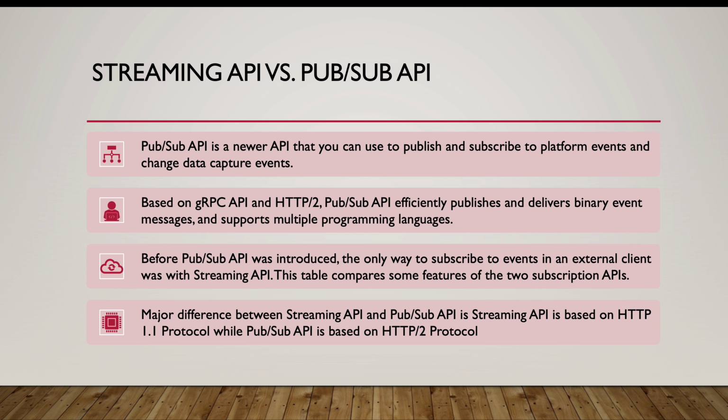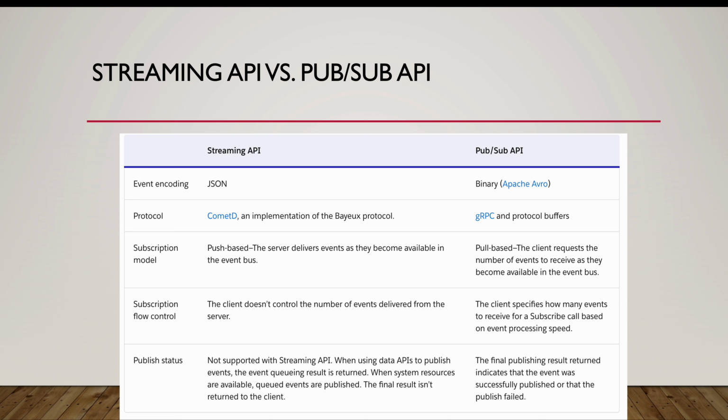A major difference is that Streaming API is based on HTTP 1.1 while Pub/Sub API is based on the HTTP/2 protocol. So here is a table showing the difference between these two APIs.